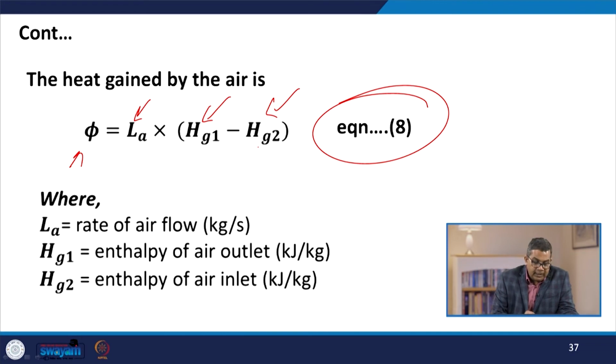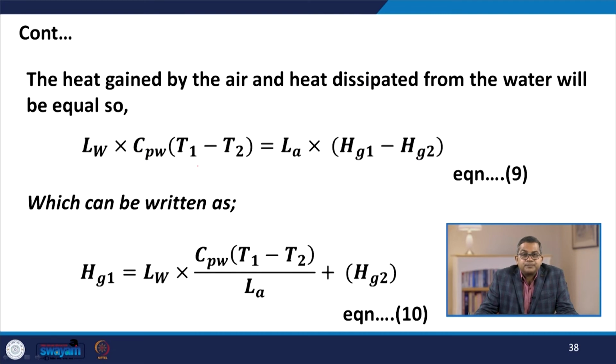Now, where LA is the rate of air flow in kilogram per second, Hg1 is the enthalpy of air outlet in kilojoule per kilogram, and Hg2 is the enthalpy of air inlet in kilojoule per kilogram. So, the heat gained by the air and the heat dissipated from the water will be equal.